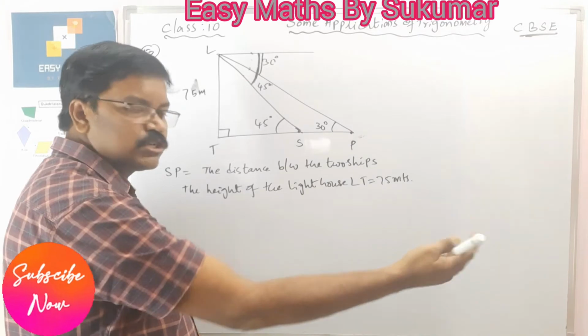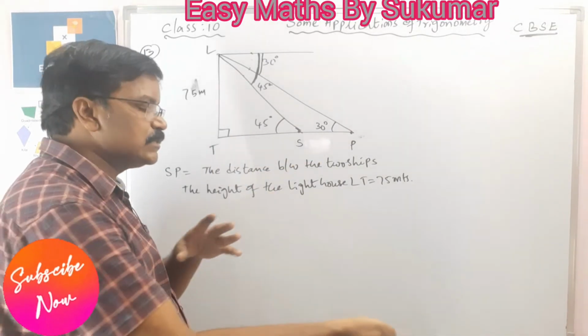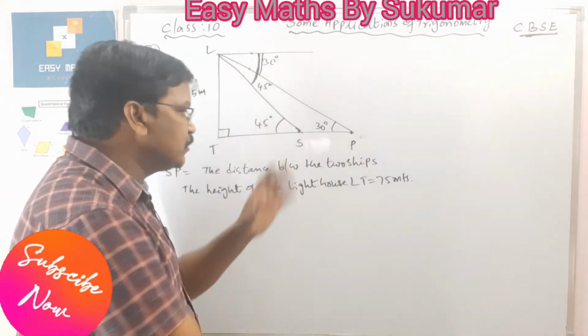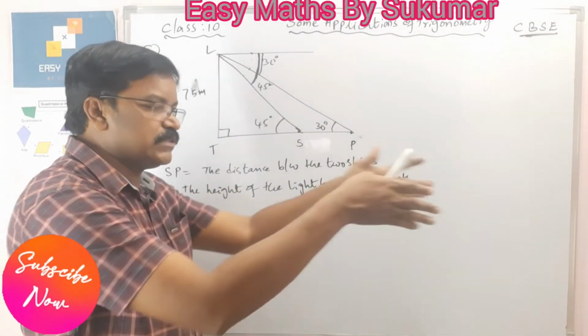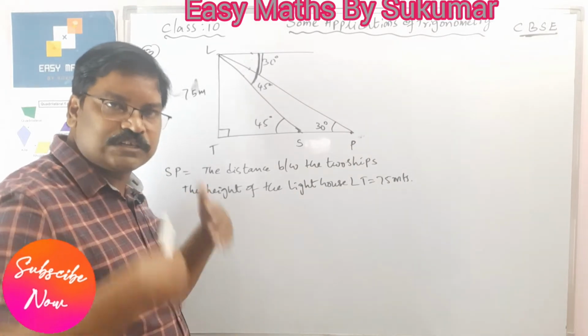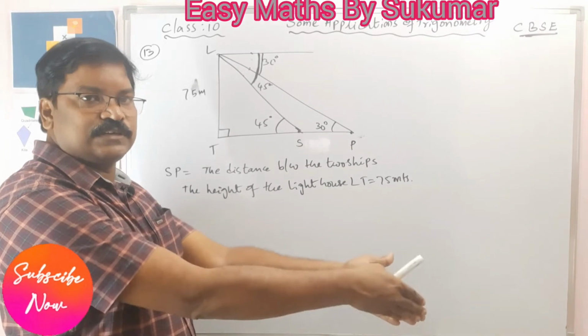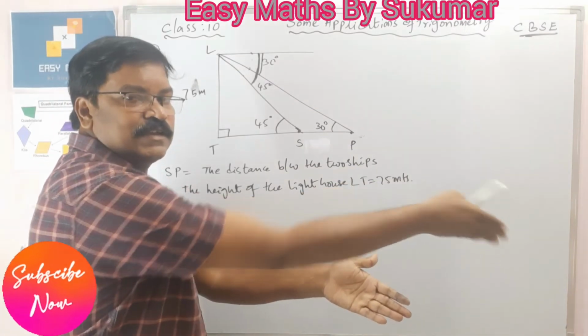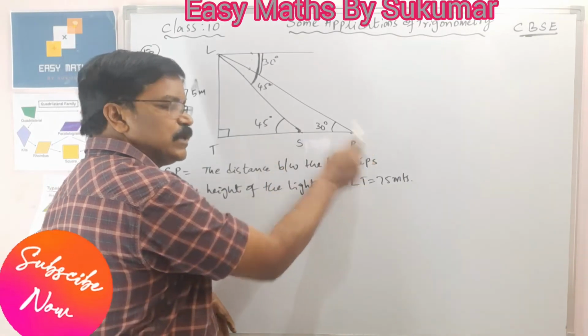There are two ships, the second ship exactly behind the first ship. The lighthouse, the first ship and the second ship are on the same straight line, TSP.